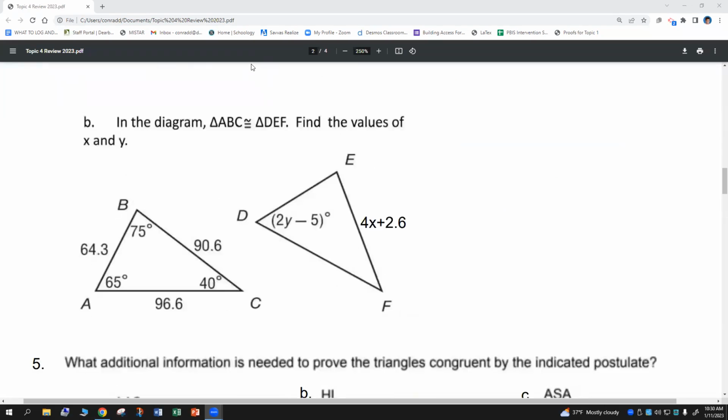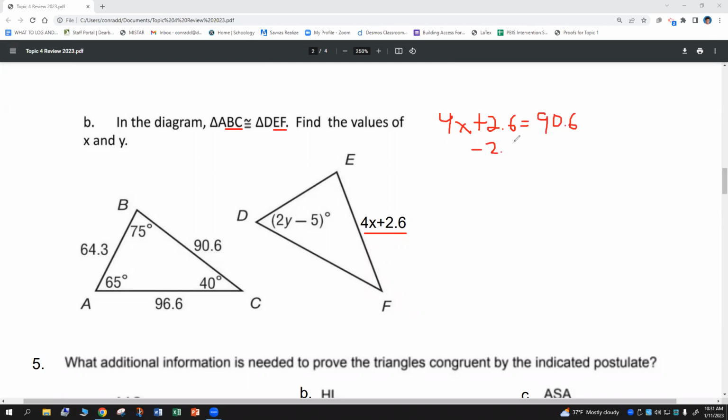Okay, B. Let's start with X. So EF is going to match up with BC. So that means 4x plus 2.6, I'll write it out. 4x plus 2.6 equals 90.6.